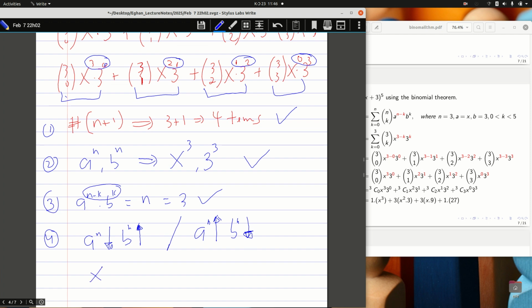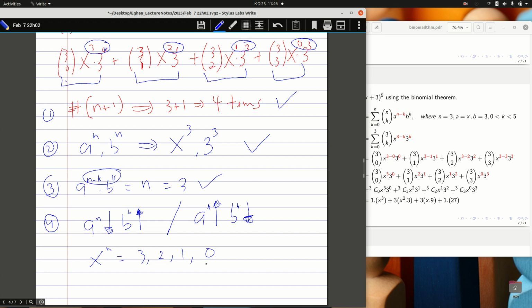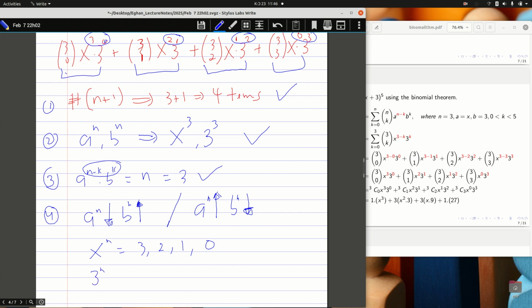It is moving from 3, it went to 2, it went to 1, it went to 0. And that of 3, it moved from 0, it went to 1, it went to 2, it went to 3. As this was decreasing, this guy was increasing, and so it is also satisfied. This is how you check the properties.